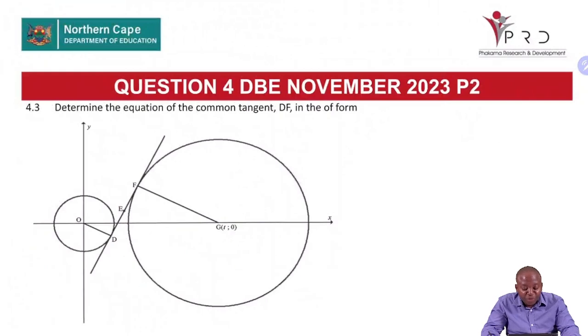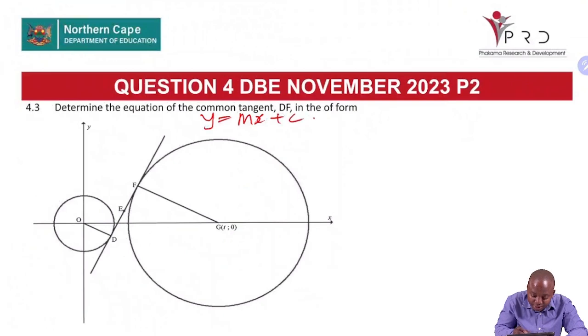Determine the equation of the common tangent DF in the form y equals mx plus c. The first thing we need to do is find the gradient of DF. So the first step for us to find the equation of that line, we'll find mDF.